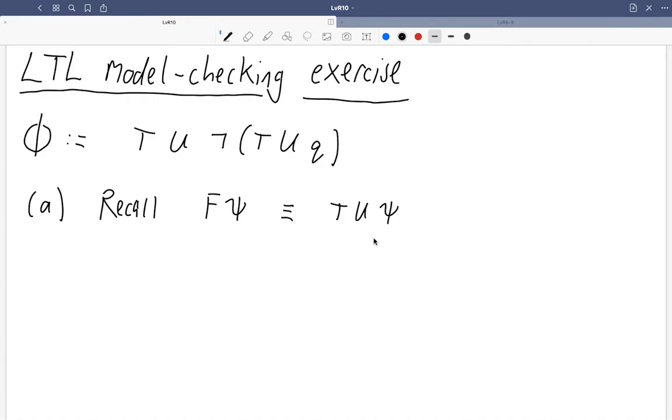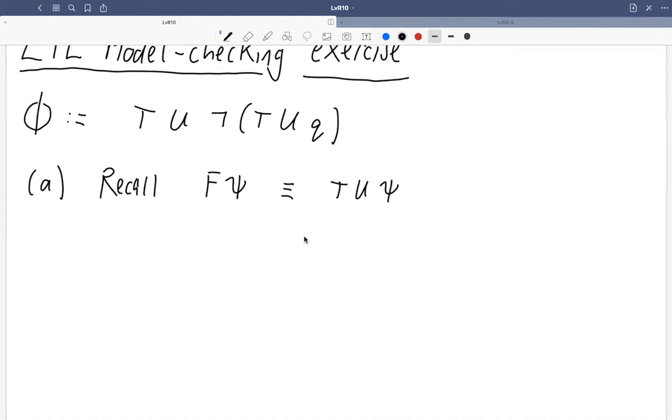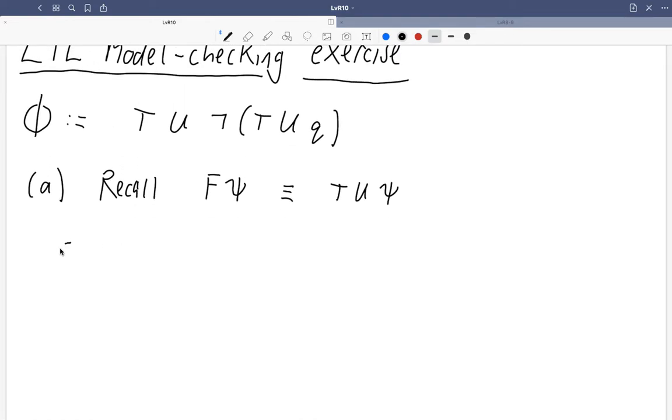But remember that the until operator is a strong until in that for it to be true, it requires psi to actually hold sometime in the future. So this is the same thing as future psi. And so we then see immediately that phi is equivalent to, well, we've got a true until and another true until. So it's future, not future Q. So this is one answer. Put a box around it.